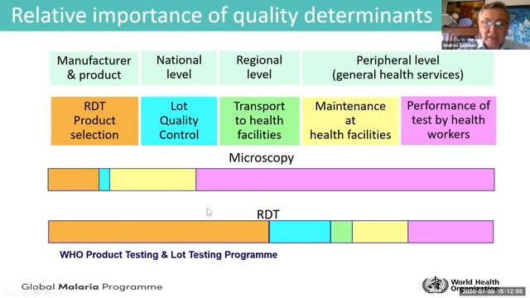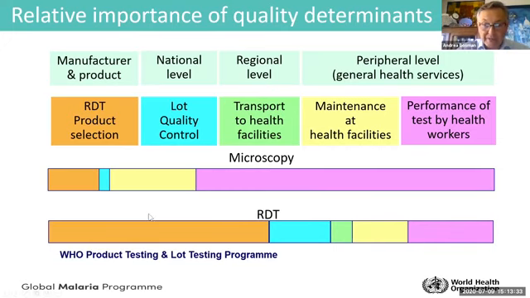When we look at which factors affect the performance of the test for RDTs, product selection is most important compared to other parameters like how it has been stored and maintained in health facilities, or the training capacity of health workers. These are really important always, but not as important as which test is purchased and distributed and becomes available.